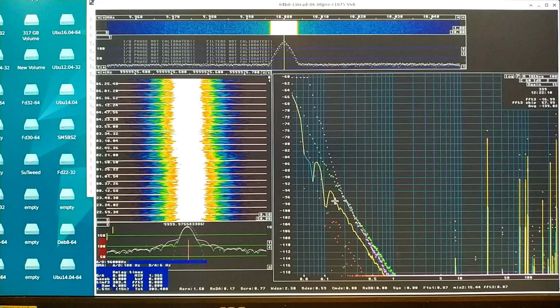It has been running for only 12 hours and 20 minutes, but I can guess, if I look here, that the result at 0.1 Hertz will be something like 91 or maybe 90, minus 90 dBc per Hertz. And 0.05 is very unprecise because the channel 2 oscillator is quite noisy at this very low offset from the carrier.